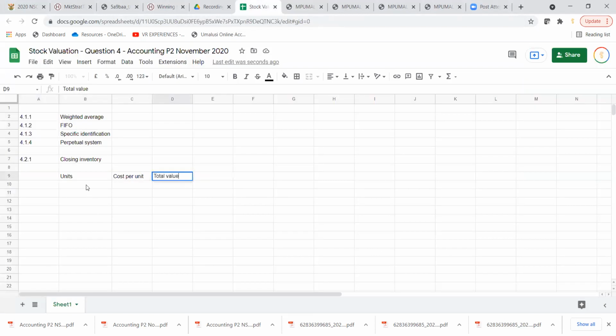You will see when you go through the solution, they do it quite simply. You don't have to go through this whole formatting that I'm doing, because you're not going to have that time in the exam. You're just going to do a basic calculation.